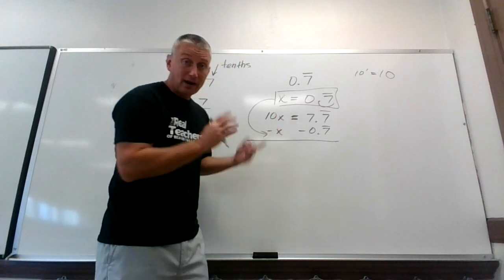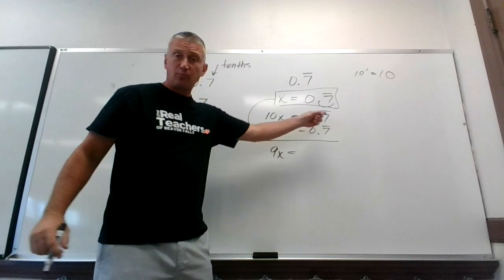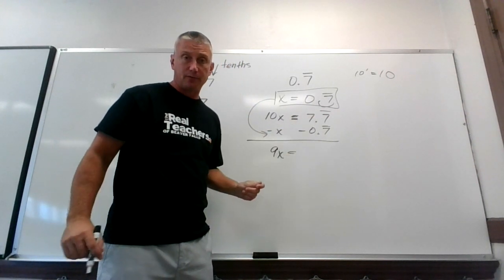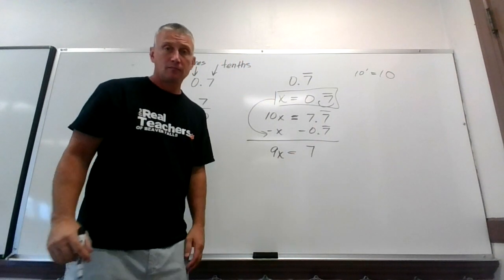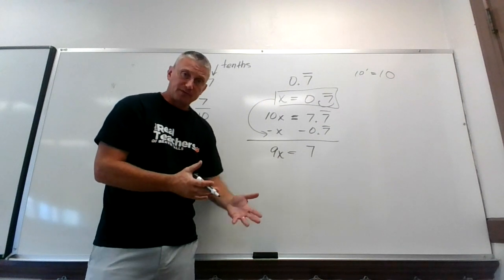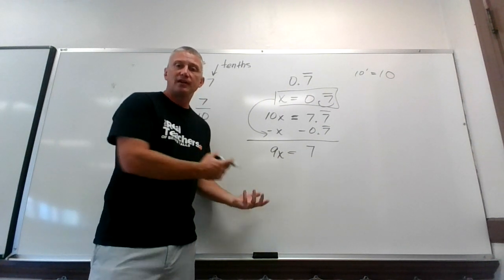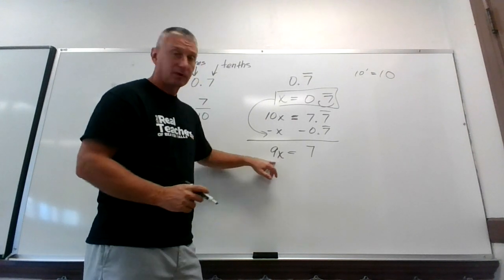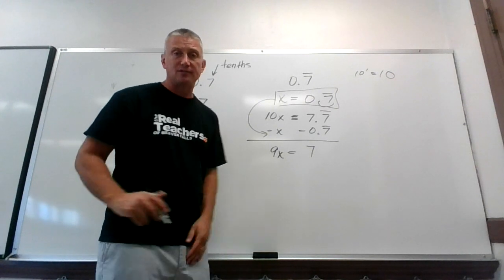10x minus 1x is 9x. And 7.7 repeating minus 0.7 repeating is just 7. And if you remember from 6th grade, maybe even 5th grade, and last year, how do you get the x all by itself? Well, this is multiplication, so you do the opposite to both sides of the equation. You divide both sides by 9.